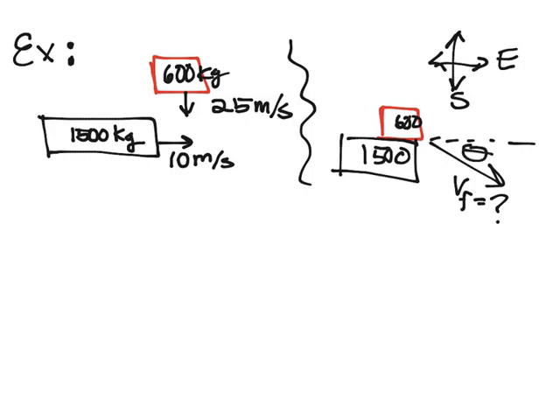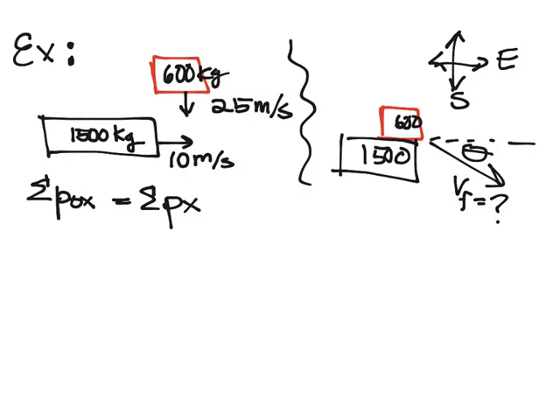Okay, so these are our before and after pictures. Remember, what you have to do is you still write sigma p naught equals sigma p, except now you're going to do it in 2 dimensions. So we have sigma p naught x equals sigma px. So all the side-to-side momentum at the beginning equals all the side-to-side momentum at the end.